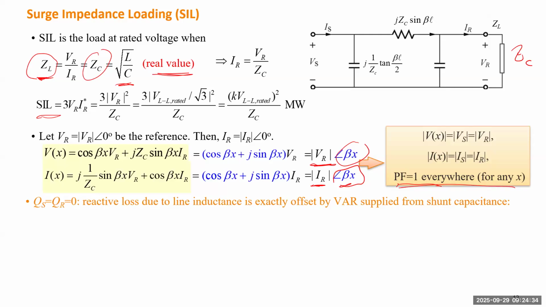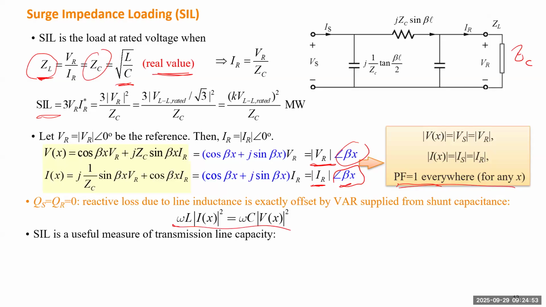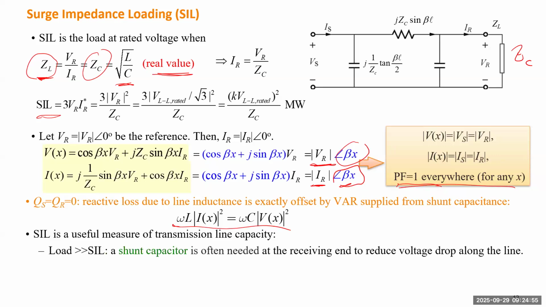So at any segment of the line, the reactive power consumed by the inductance is completely equal to the reactive power provided by the capacitance of the line. We have this equation holding everywhere along the line. That's why it can be a very useful measure for the line.